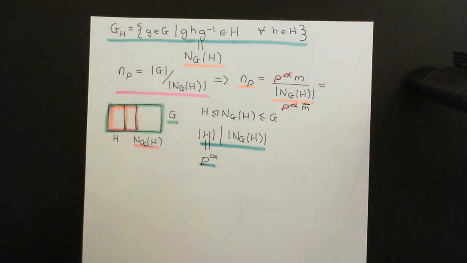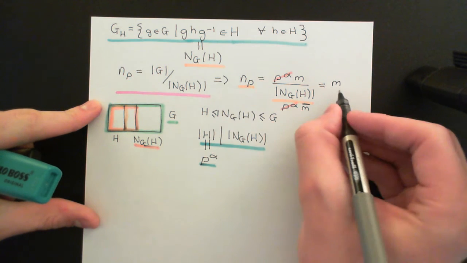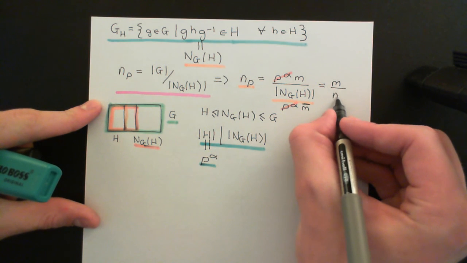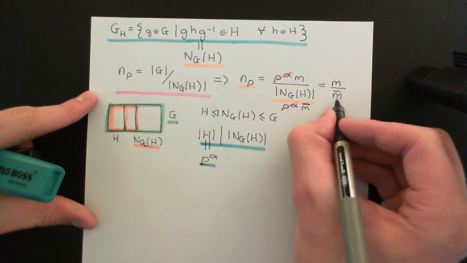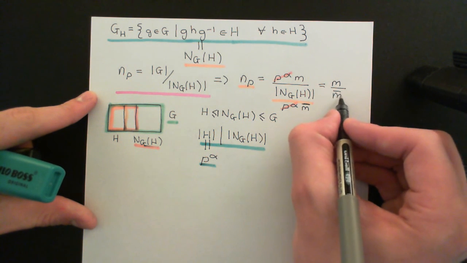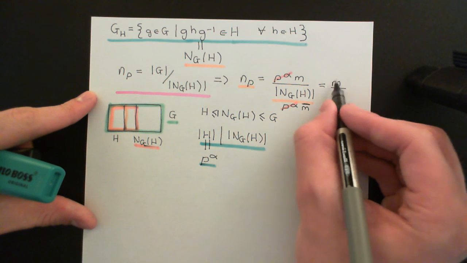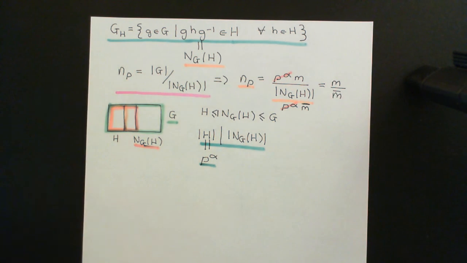And what we'll end up with is this equation that the number of Sylow p subgroups is equal to m divided by m bar, where m bar is just some part of m. Okay, so if we have the prime factorization of m, the prime factorization of m bar will just contain some portions of that, some powers of the primes that appear in the prime factorization of m.